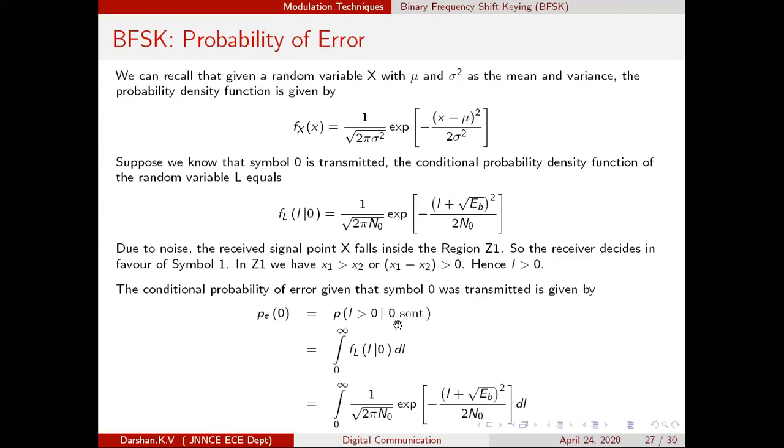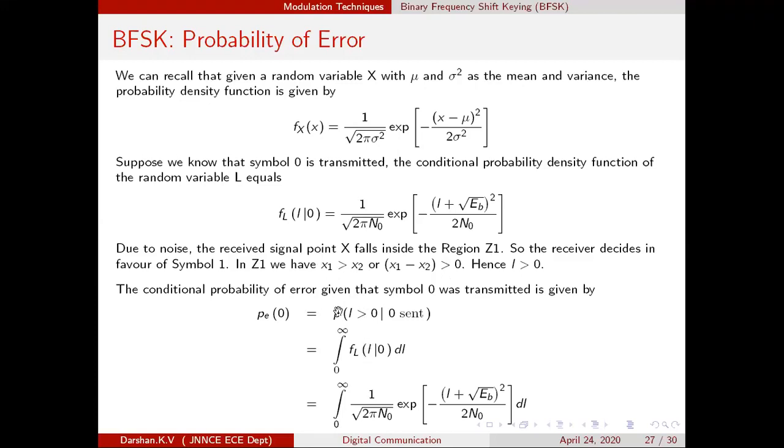Because to calculate the error probability, error happens when 0 is being sent and the received signal falls in the region Z1. That condition, signal point falling in Z1, is L greater than 0.